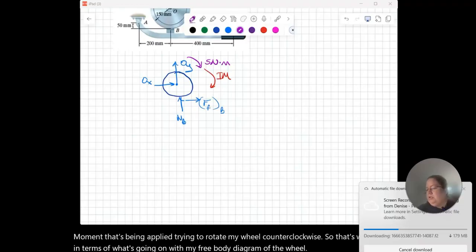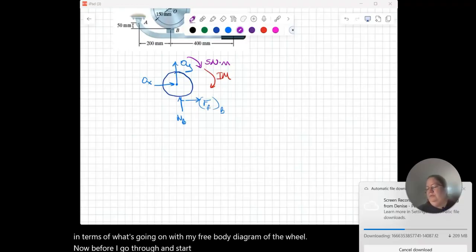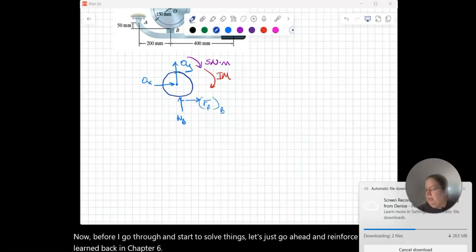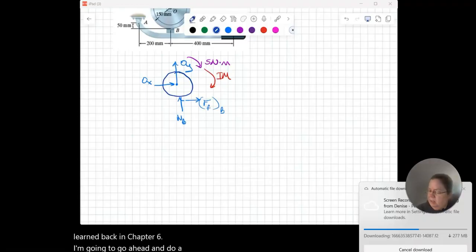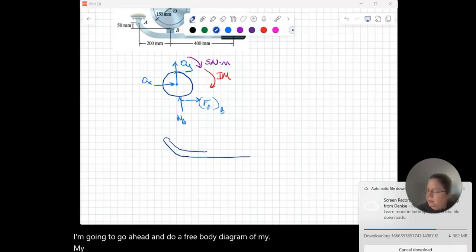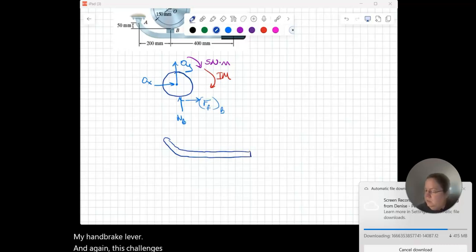Now, before I go through and start to solve things, let's reinforce what we learned back in chapter 6. I'm going to do a free body diagram of my handbrake lever. And again, this challenges my limited abilities to draw. So there we go.